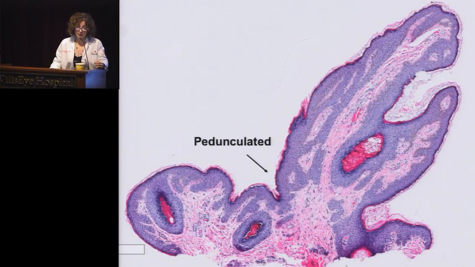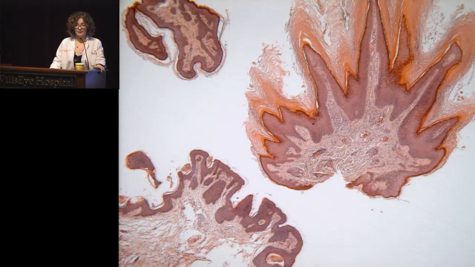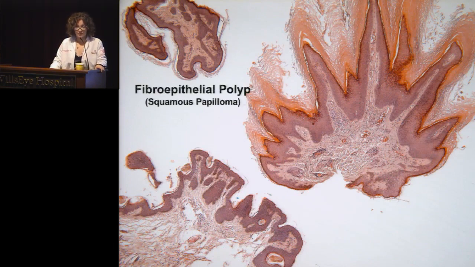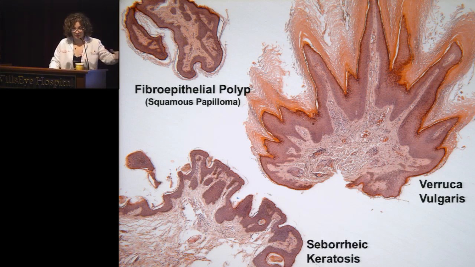It has a narrow stalk, and it has rounded fronts with fibrovascular cores. So let's look at them side by side. Can you recognize each of them? Pedunculated, rounded fronts, right? Spire-like fronts with hyperkeratosis and parakeratosis, and sessile with flat-topped fronts.